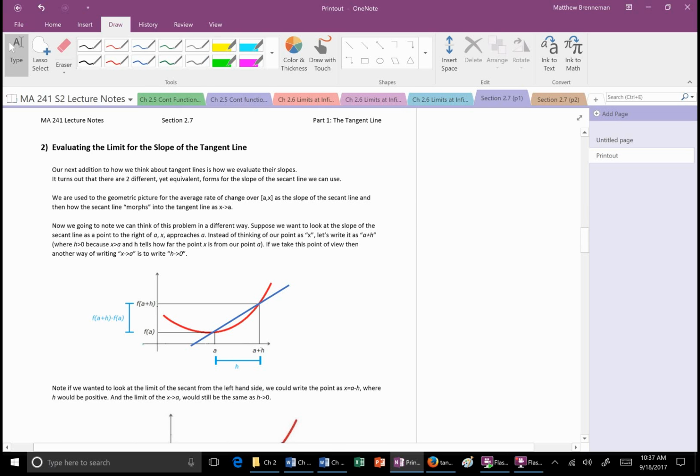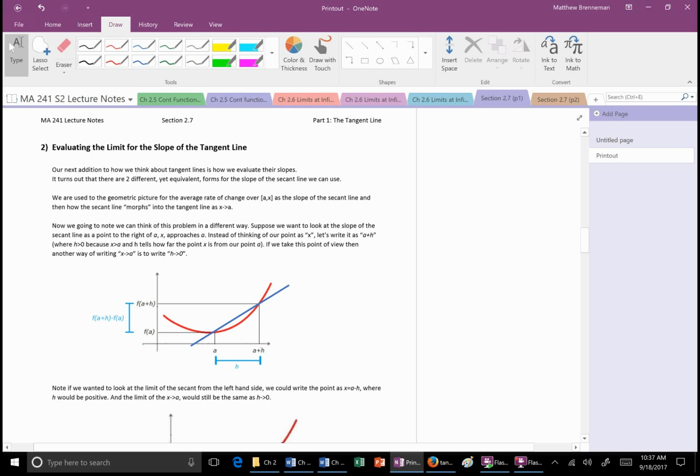Now we're going to switch gears a little bit. We have one way of getting the slope of the tangent, but it turns out we're going to want to use another way. Here's how we think about it.